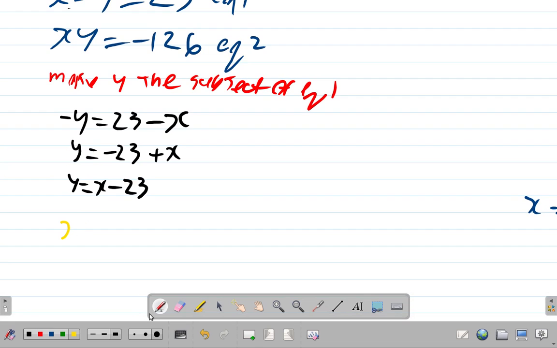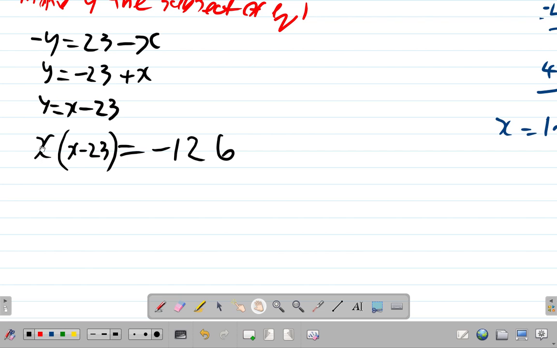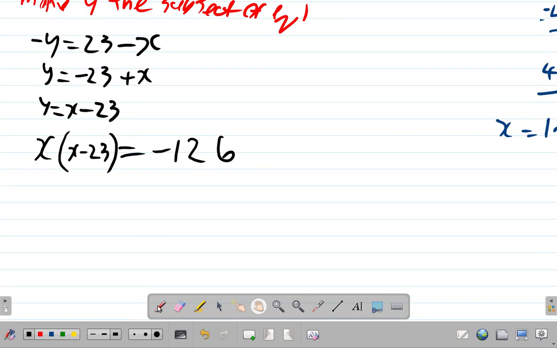So if we say that xy equals negative 126, we can just erase y and put what y is there. Y is x minus 23. So we put x minus 23. We have to put it in brackets. So there we go. And then here now, we multiply out the brackets.